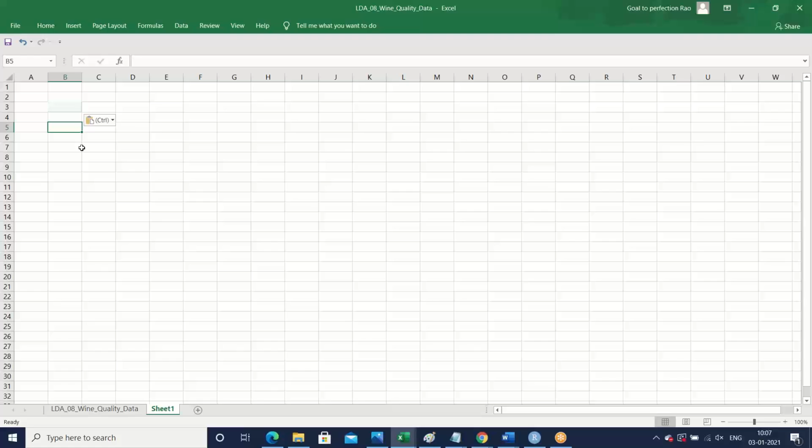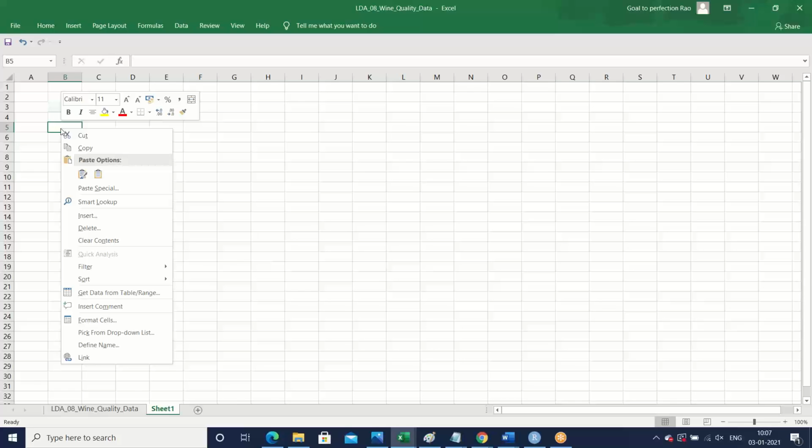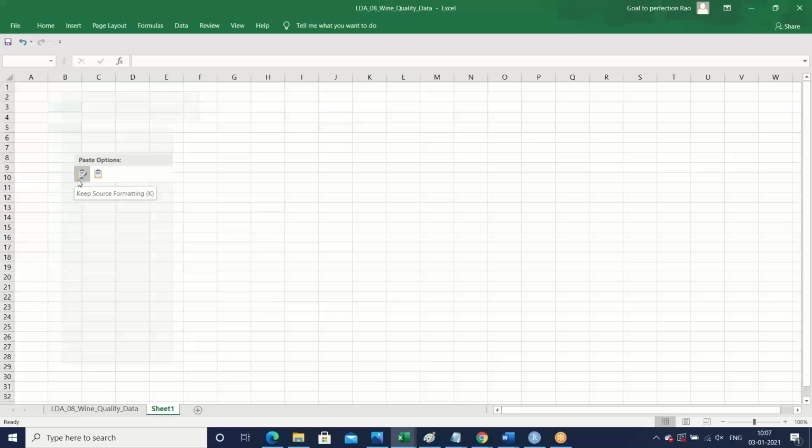Because I am doing the normal copy paste and it is working over here, so I am not sure what could be the problem. Do you see the paste option? Just come over here, and you see this first option above this. Yes, this one? No, it's not pasting it.